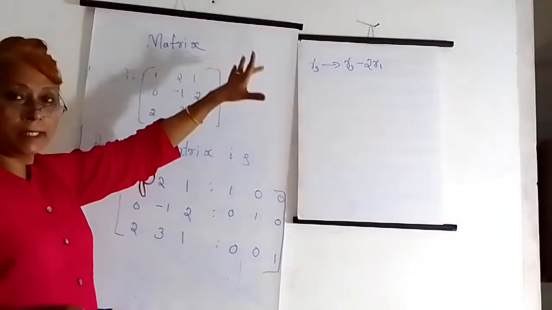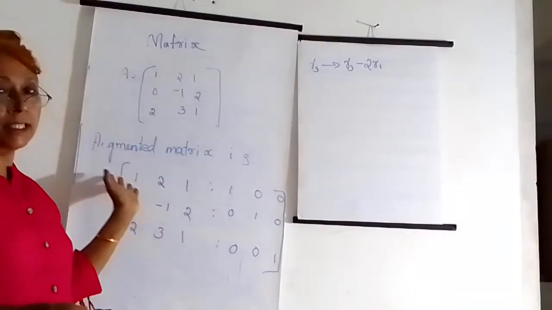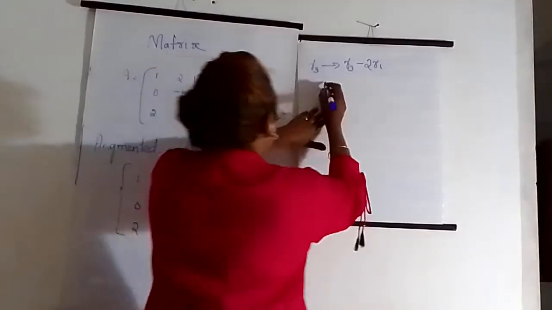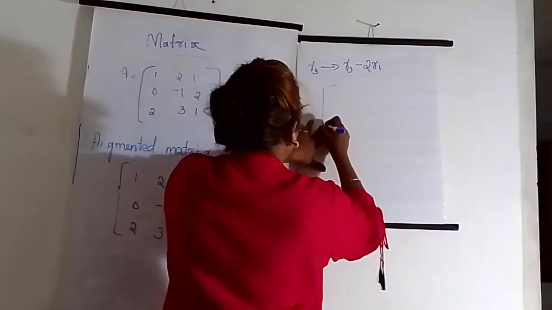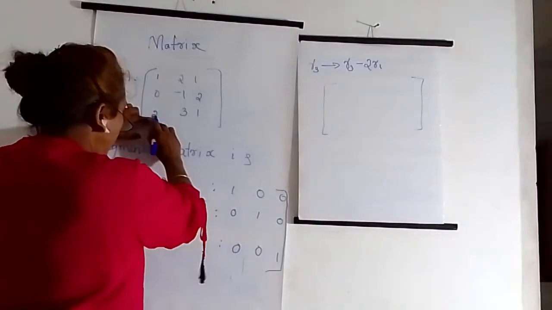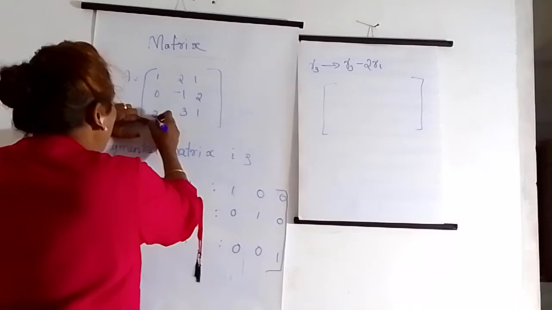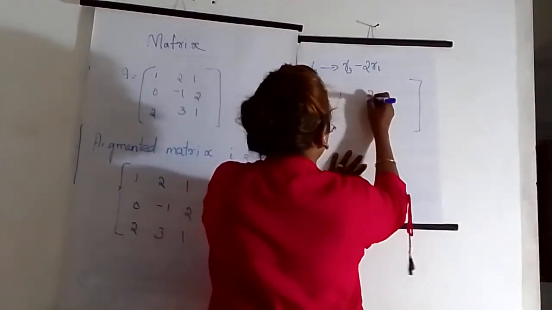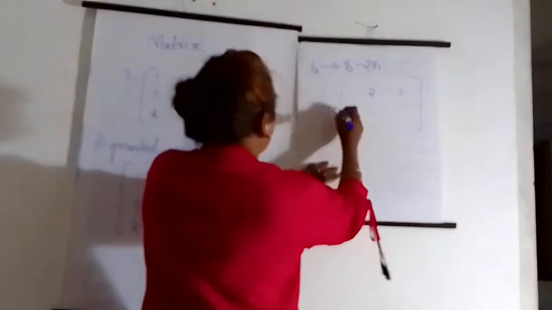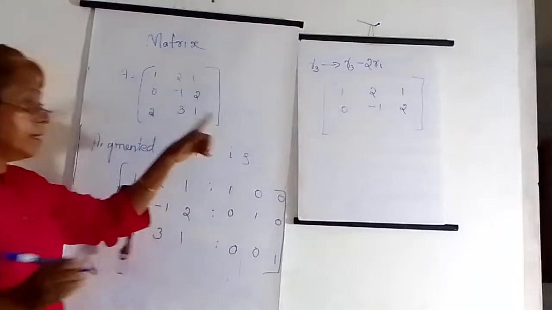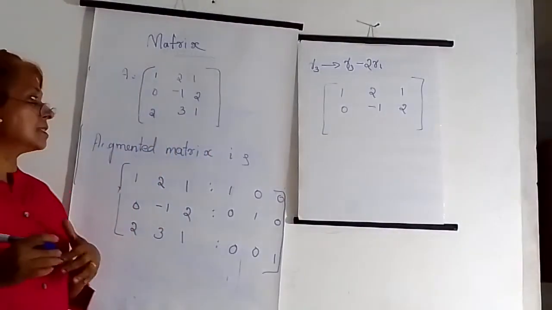First, that operation can be done, and then we can see what changes come for our matrix. The matrix is now changed: R3 in the place of R3, all other things remaining as such. 1, 2, 1, and also 0, negative 1, 2 as such. Only in the place of R3 some changes are coming.